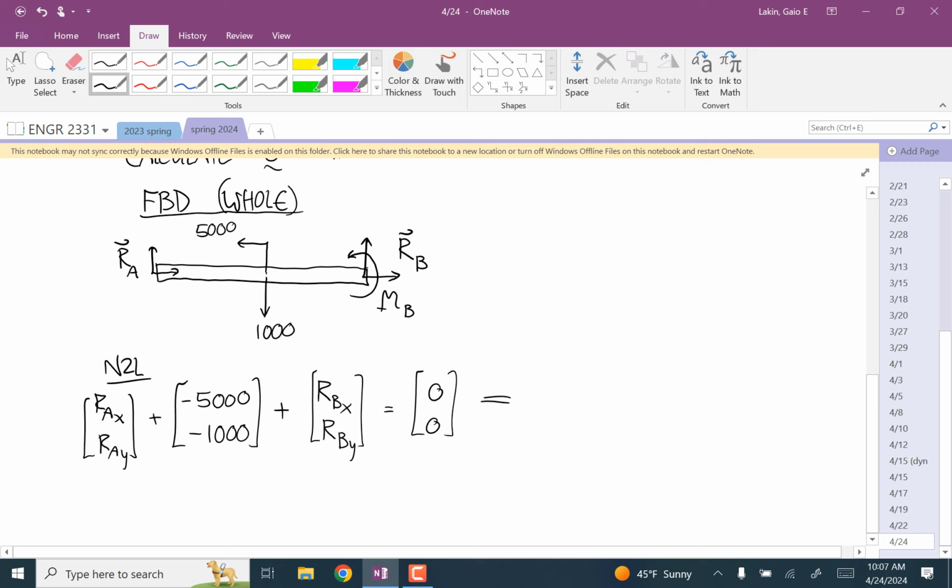So from that we get two equations. The first one says RAX plus RBX is equal to 5,000. And the second one says RAY plus RBY is equal to 1,000.